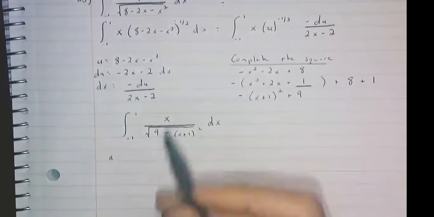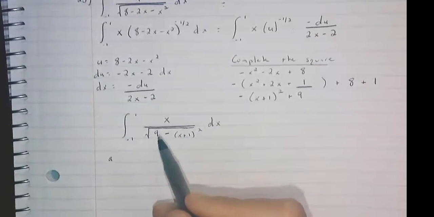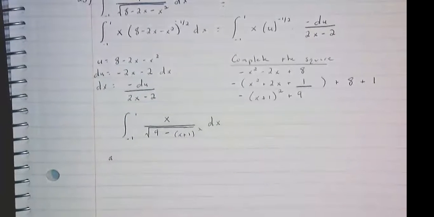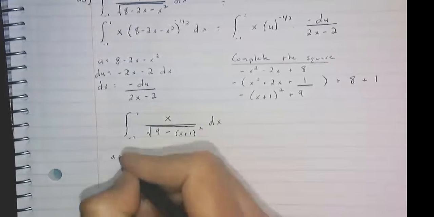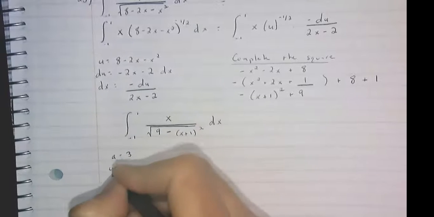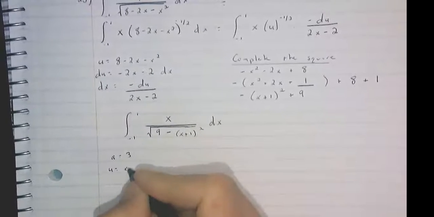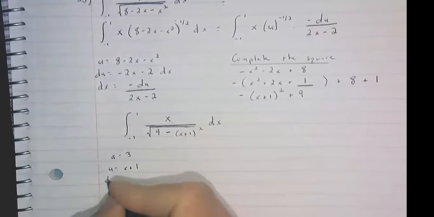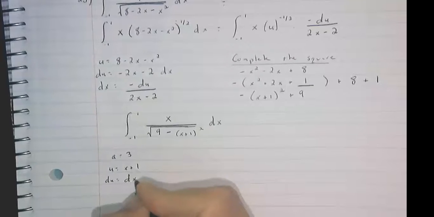Am I concerned about the x? Yes. But we will figure that out when we get there. So A is equal to 3, U is equal to x plus 1, meaning that du is dx.